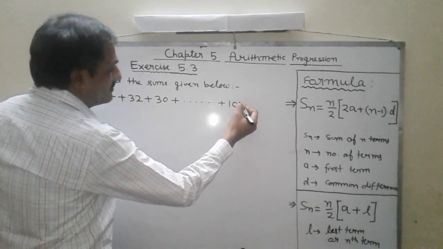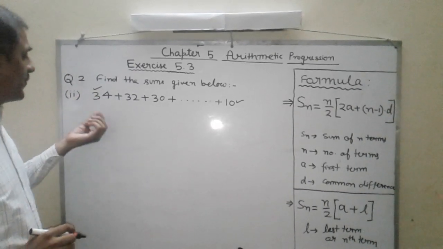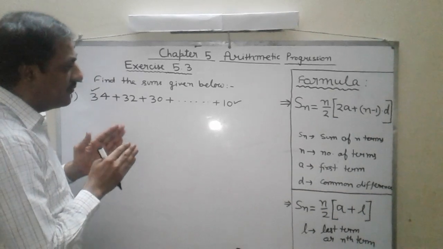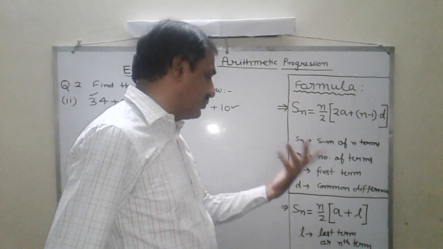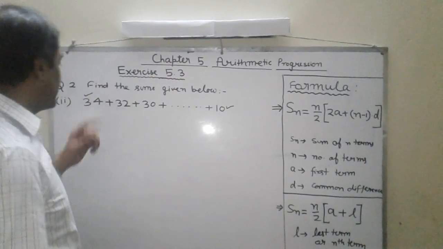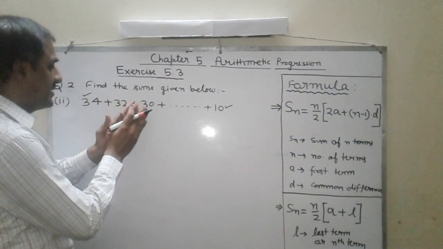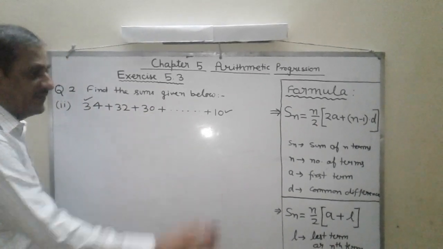This is the last term. Here we are going to find the sum of these numbers with the help of either this formula or this formula. In this question, the first term is given, second term is given, third term is given, and the last term is given, but the number of terms is not given.